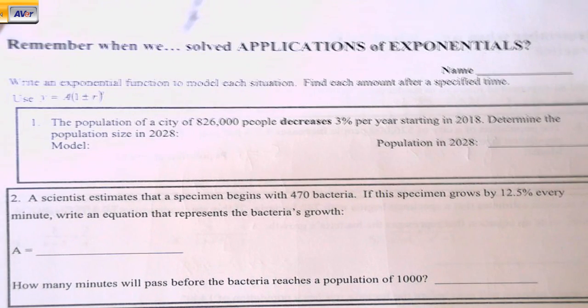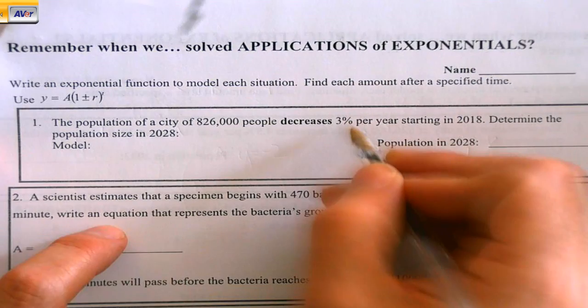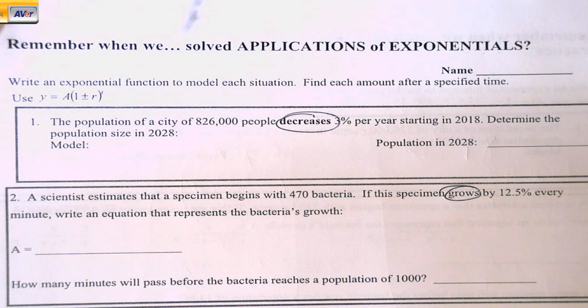Remember again here when we solved applications of exponentials. Again, the formula's there. All I'm doing is looking for words like decreases, grows, and then I'm kind of plugging them in. So, again, some of these I'm going to do. I'm not going to do all of them because a lot of them we've done a lot of.